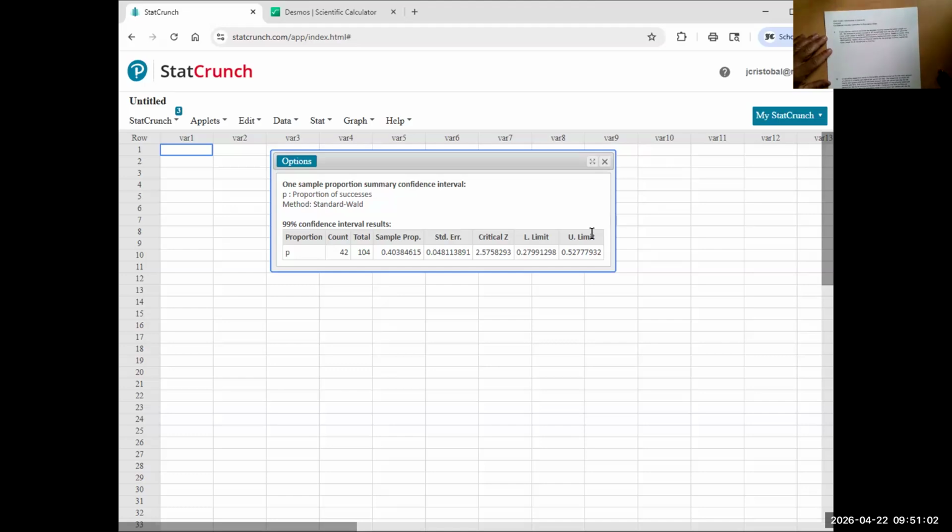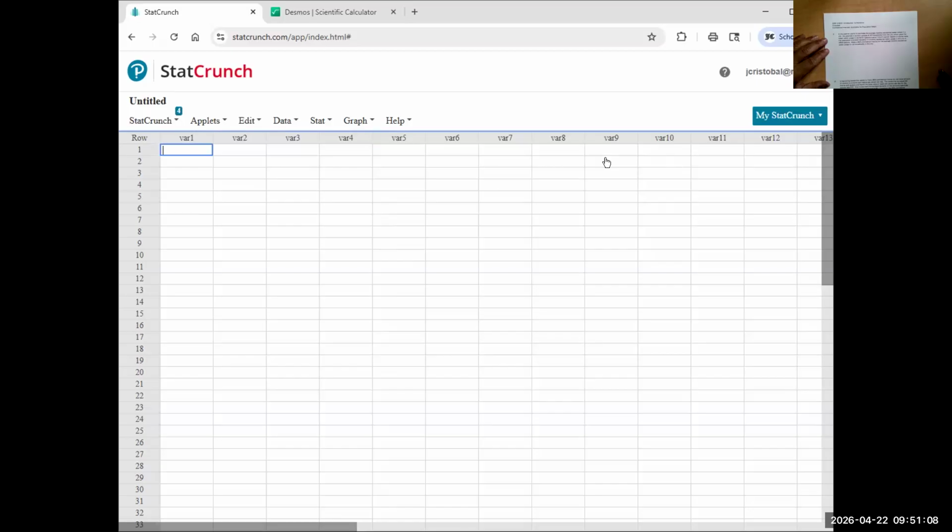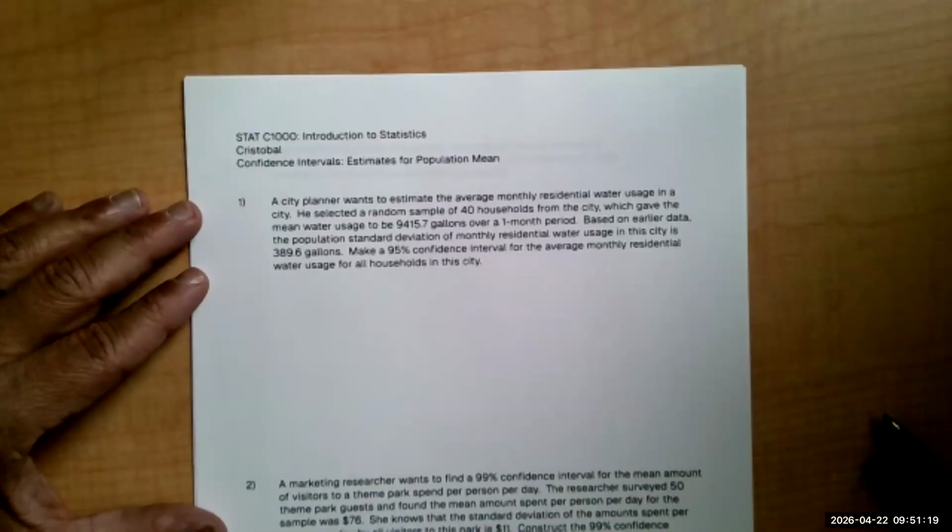So now, with this one, let me close this down. If we have on our sheet here, let me share this a little bit differently. Let's see if this is better to view.